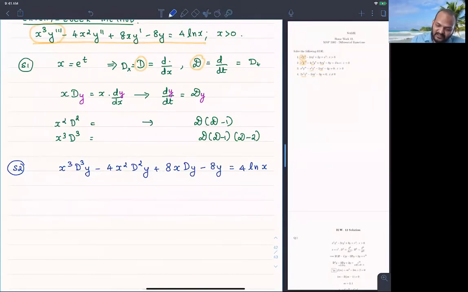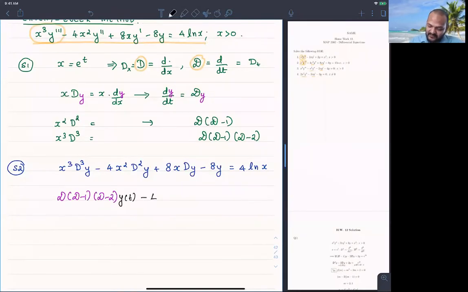Now this transforms into the following. This is going to be script d of d minus 1 of d minus 2 of y as a function of t, not as a function of x anymore, right?